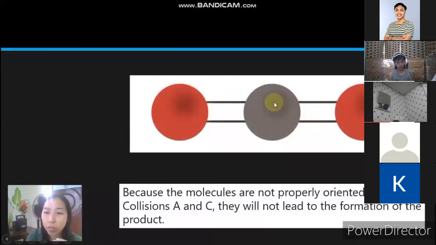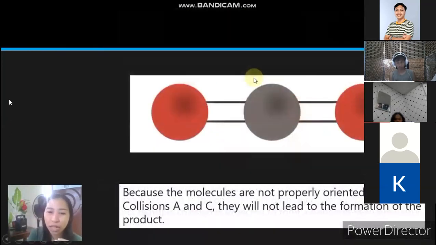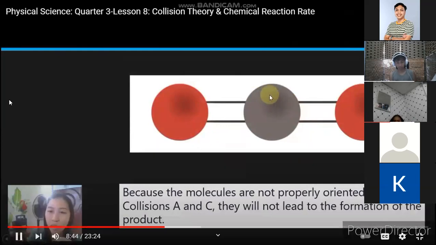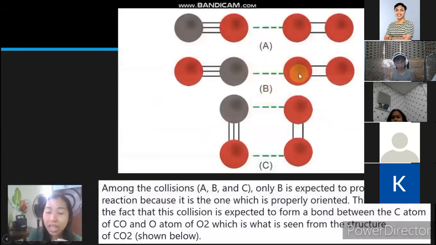The C atom should be at the center of the two O atoms. That is why, kung atong balikan ang imong orientation, ang pinaka-possible nga mahitabo ani nga arrangement sa imong CO2 is only letter B, right? That is why among the three collisions, only B will proceed into a chemical reaction.